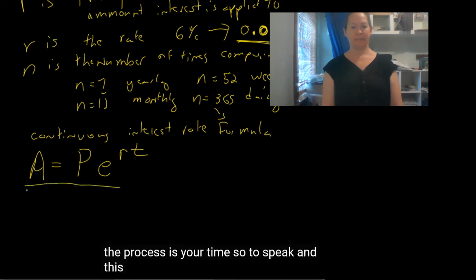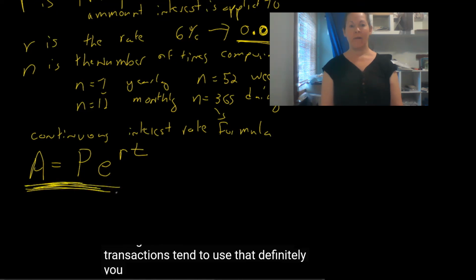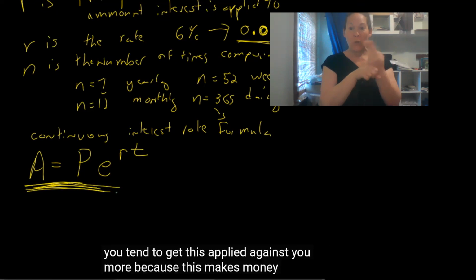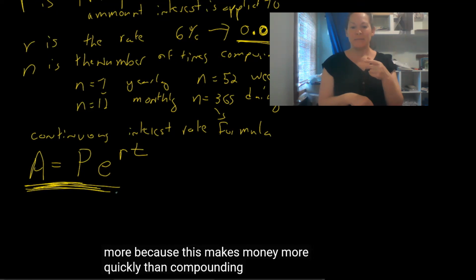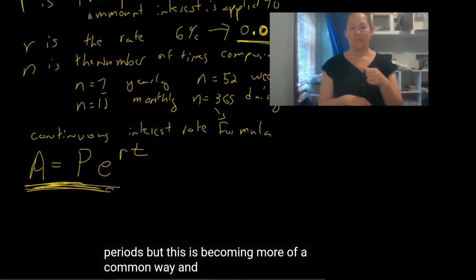High level financial transactions tend to use that. Definitely you tend to get this applied against you more because this makes money more quickly than compounding on other time periods. But this is becoming more of a common way.